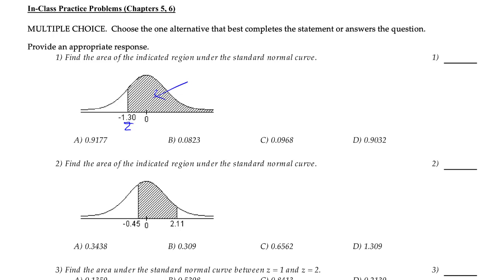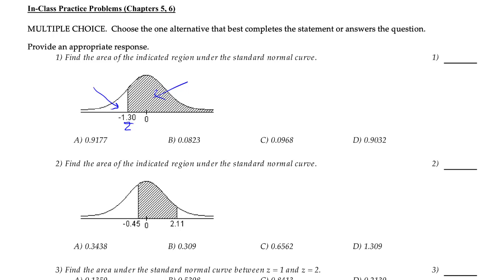We have to remember that no matter what we do to look up these values, everything is going to be based on giving the area to the left. So if I want the area to the right, I'm going to have to do 1 minus whatever area I get to the left.